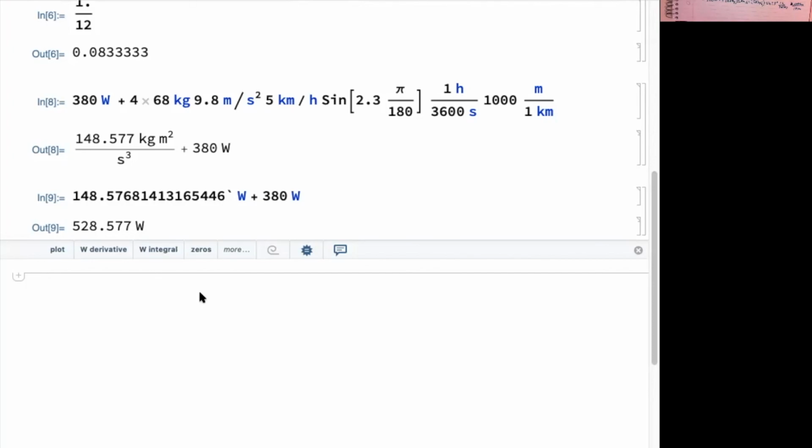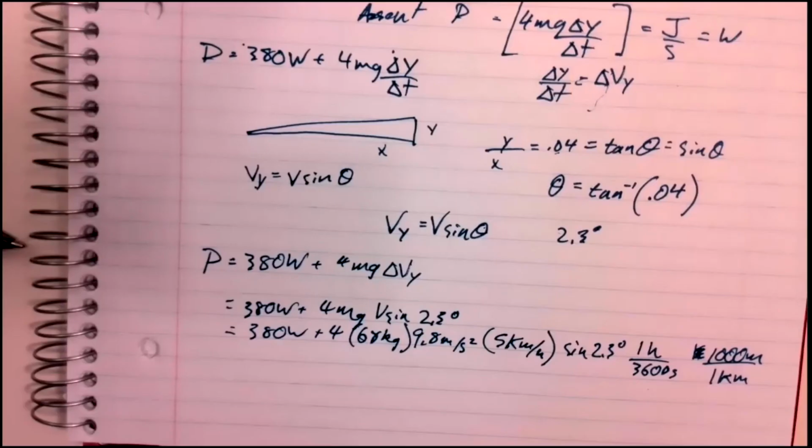But actually, we could have just multiplied by that percentage, by the incline, okay? We didn't have to use sine there. We didn't have to do it the hard way, but we did. If there's one thing I'm good at, it's doing the hard way.